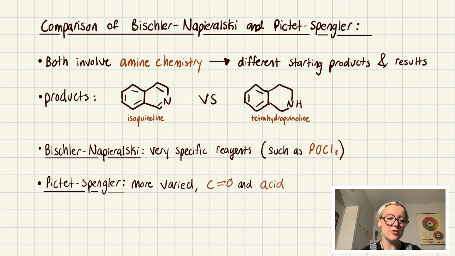So they both look very similar, but there are differences to note. The Bischler-Napieralski has very, very specific reagents, and as you most often will see is POCl3, and Pictet-Spengler has more varied reactions and will just involve a carbonyl and an acid. So you can look for these things and use these tips in the next section.